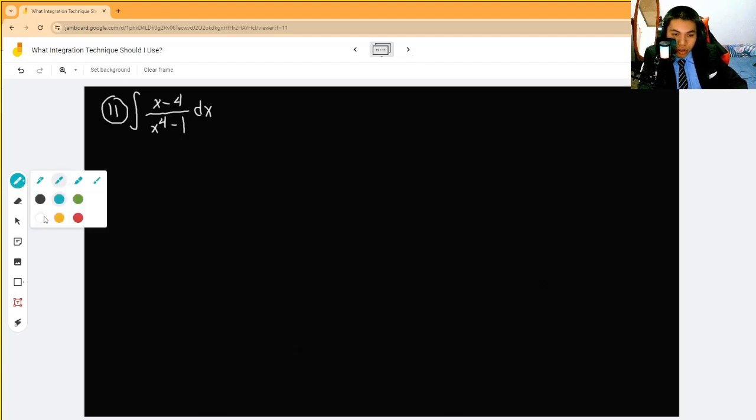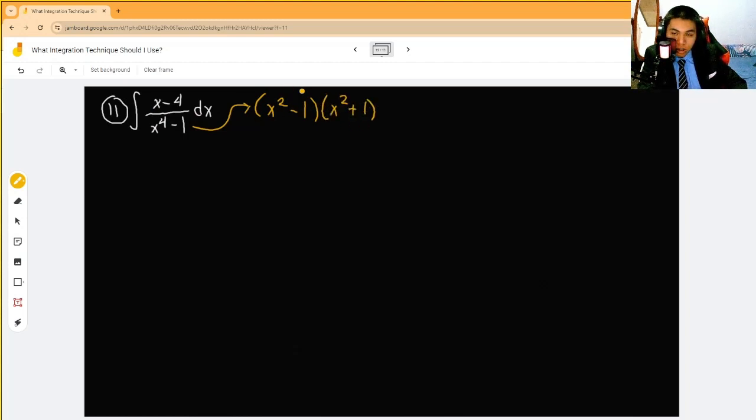This denominator we can rewrite in the form of x squared minus 1 times x squared plus 1.